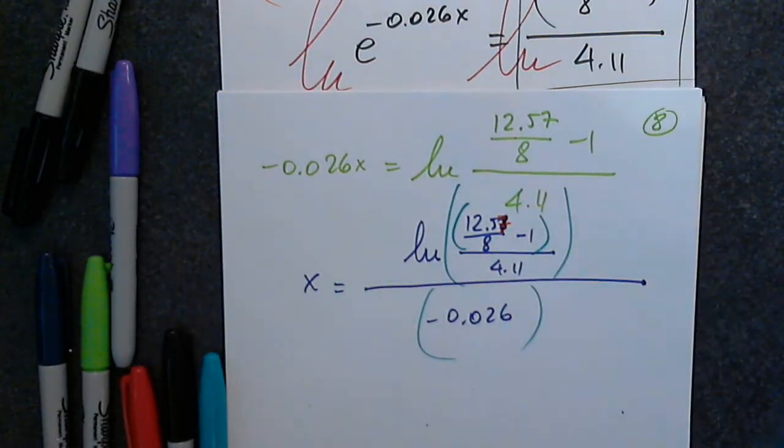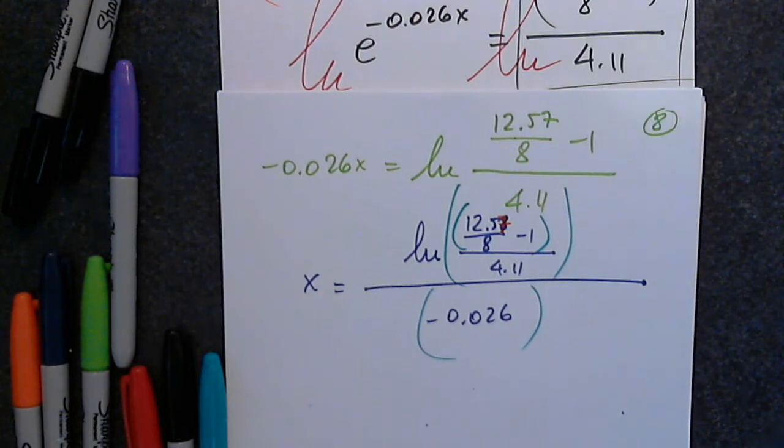I like changing things. Sorry, thank you for catching that. My apologies. Okay, so I go back and correct. Seven it is. So I divide by 4.11. Now I close the parenthesis for the numerator and divide in parentheses by negative 0.026 close. It was only one 0, right? Yeah. Okay, so now I press enter.